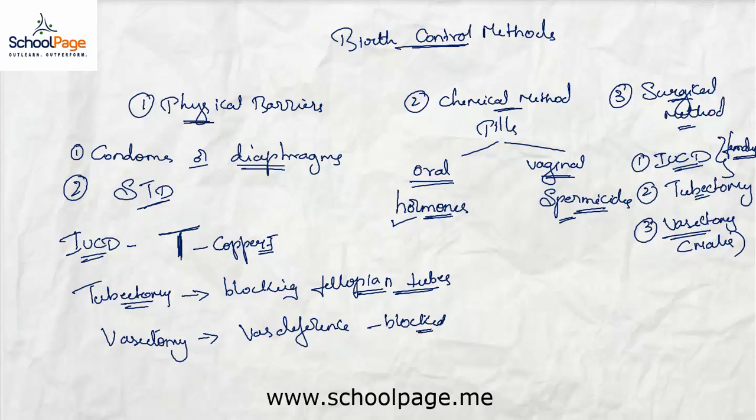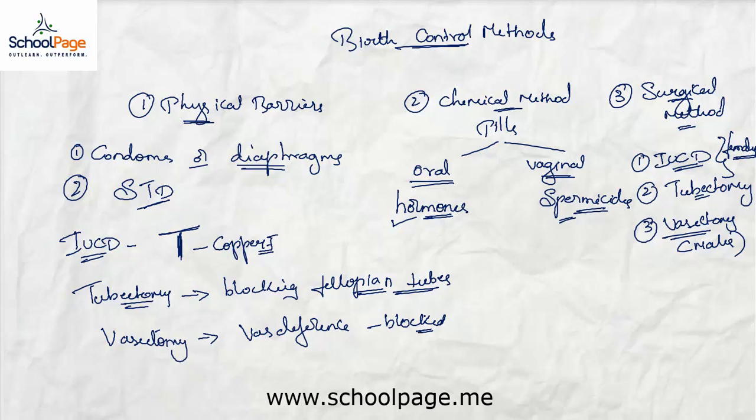There are three surgical methods which can be used to control birth, that is IUCD, intrauterine contraceptive device; tubectomy, in which the fallopian tubes are blocked; and vasectomy, where vas deferens is blocked so that sperms are not available for fertilization. So these are the numerous birth control methods available. Which one suits best? Only a doctor can advise.